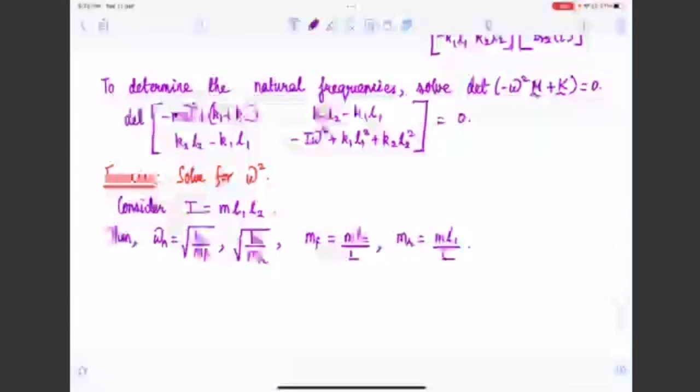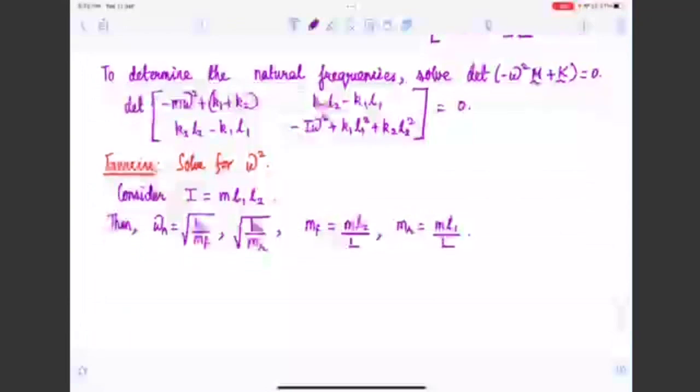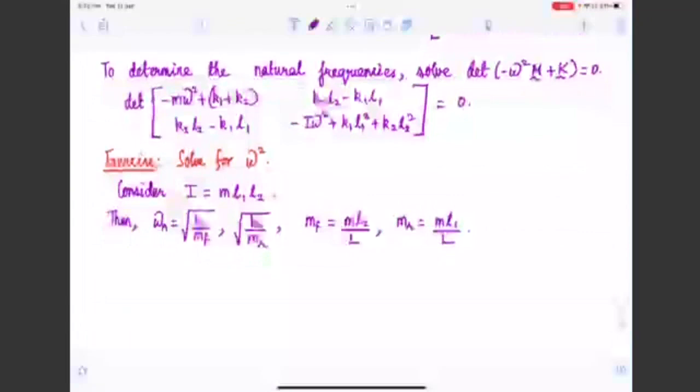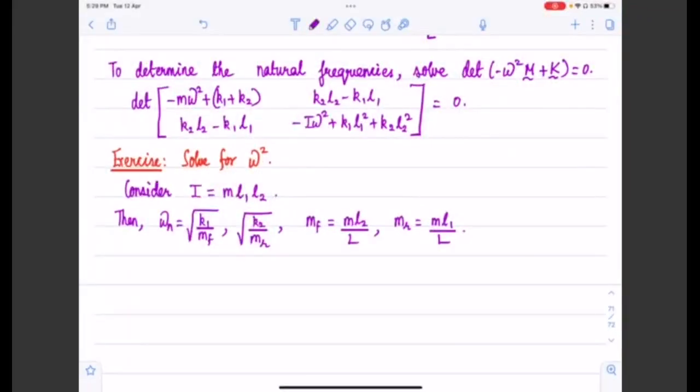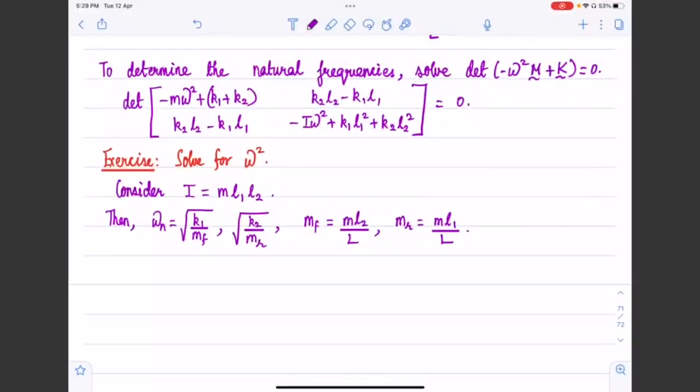So what does this mean physically? If we have a condition wherein the pitch moment of inertia is equal to the product of the mass of the vehicle and L1, L2, we get a nice simplification. That is, the two natural frequencies are decoupled, and it so happens that we can design the front suspension and the rear suspension independently, right?